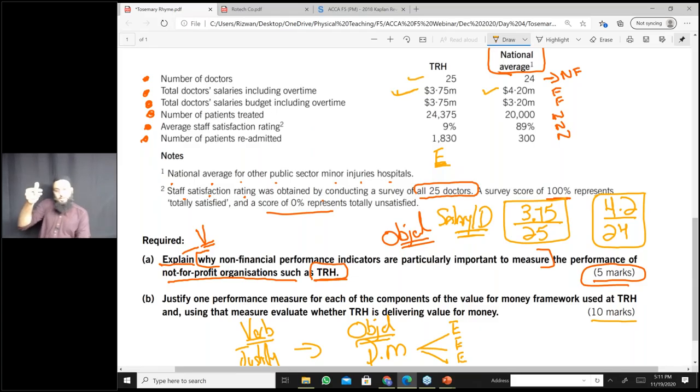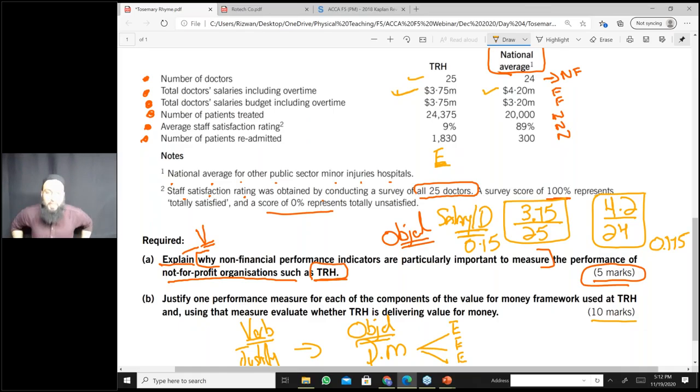The resource is doctors, so we have worked out the cost per doctor. So how much is the answer? 3.75 divided by 25 is 0.15, and 4.2 divided by 24 is 0.175. Simple.